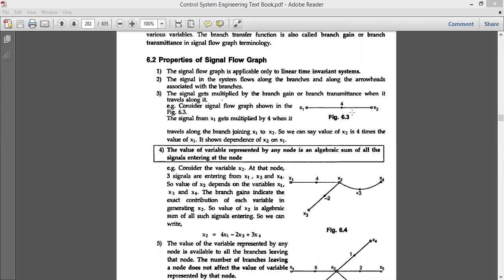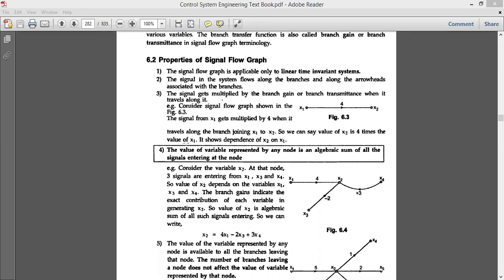If I want to find the value of x2, then x2 is equal to 4 multiplied by x1, just as we have seen in a block diagram, where the block is multiplied by its input. Similarly here we do the same thing.